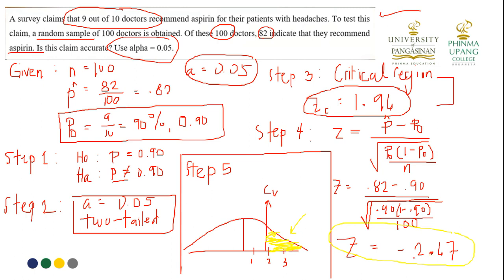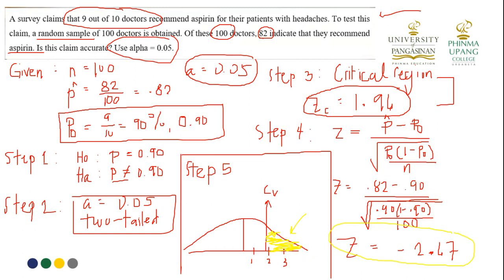Okay? So, negative 2.67, sir, di nasa left siya. Yes, tama. Pero, absolute value ng step 4 is 2.67. And tandaan ninyo, the bell curve is symmetrical. Kung negative 2.67 yung left, punta mo siya sa right. I-disregard niyo yung sign. Okay? Palaging ganun naman.